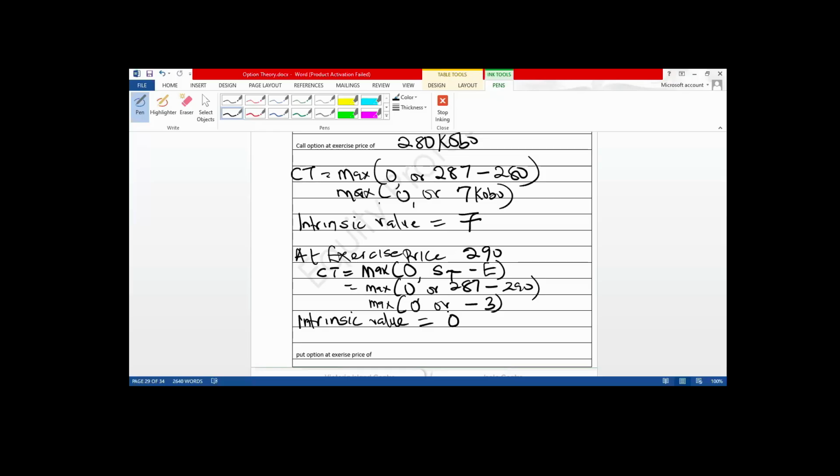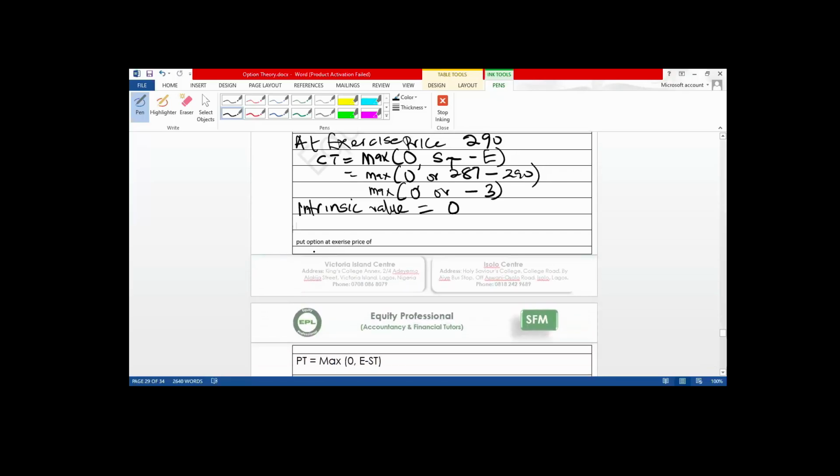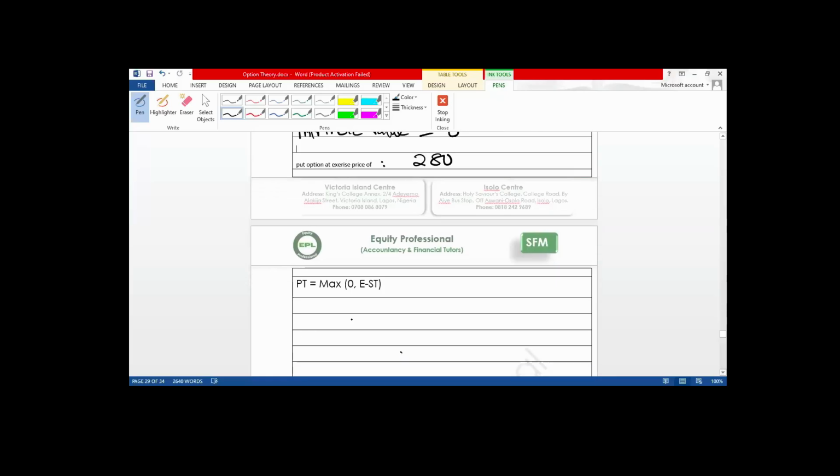We have demonstrated using call. Now let's look at put option. For put option, at exercise price 280, what is the intrinsic value? Maximum of 0 or exercise price 280 minus stock price.